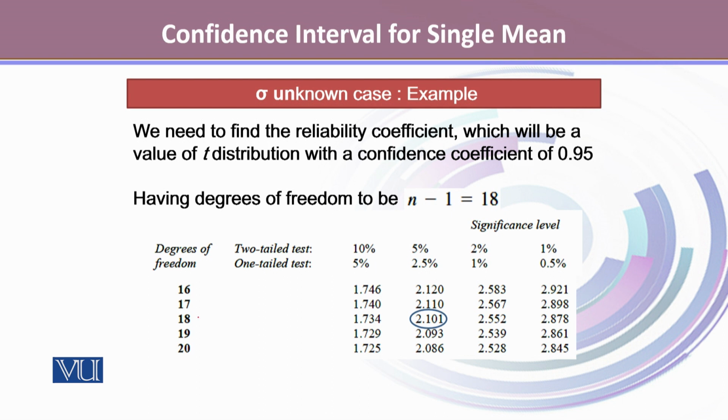At 18 degrees of freedom and 95% confidence, which makes it 5% alpha significance level, we see the value is 2.101.